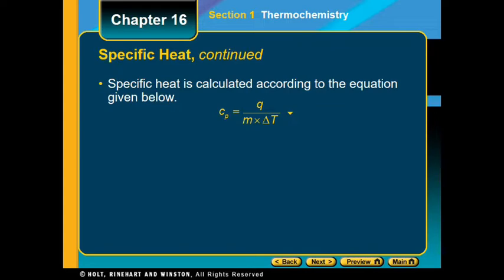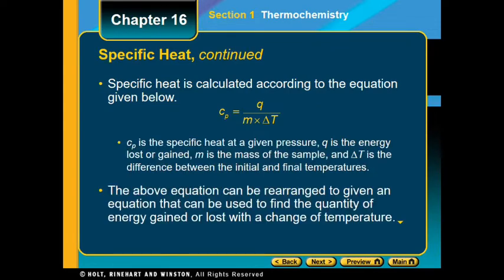C sub P is our abbreviation for specific heat. You've got Q, which is the energy lost or gained.